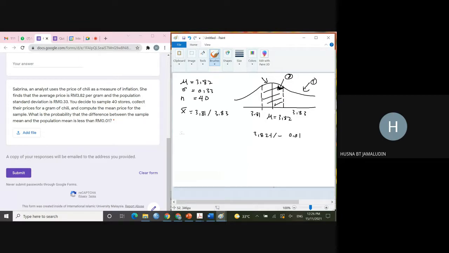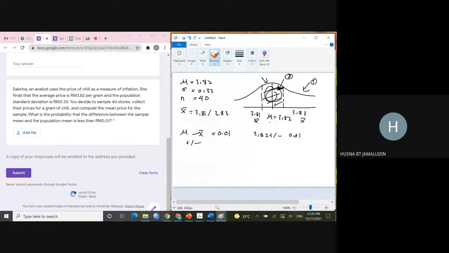You just want to know mu minus your x bar, you will get the value of 0.01, regardless of less or more, because it's just a matter of which one minus which one. Then you will get more or you will get less. So less or more will give you the same area, this middle area. Sometimes you may take mu minus x bar, or you may take x bar minus mu. They will give you the same answer, regardless of negative or positive.